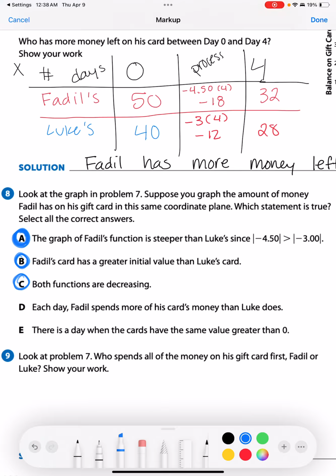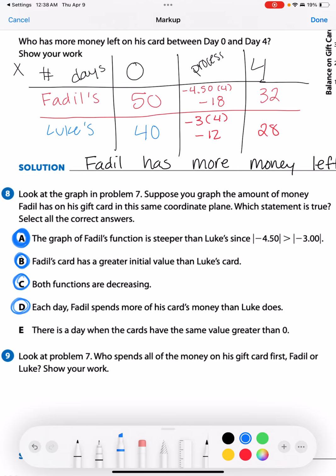All right, then each day, Fadil spends more of his card's money than Luke does. So we have to think, so yes, who spends more money per day? Fadil does, right? He has a greater rate of change.